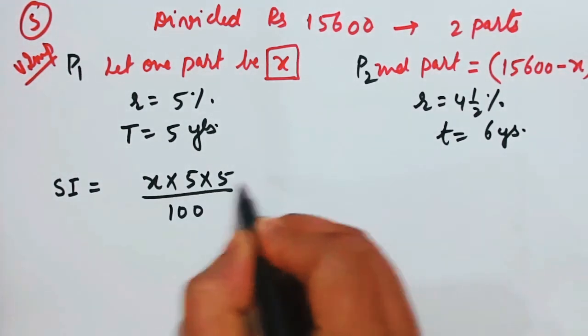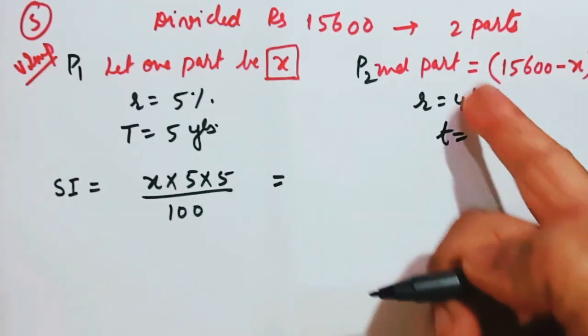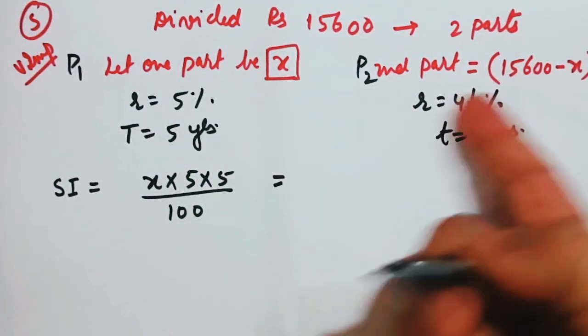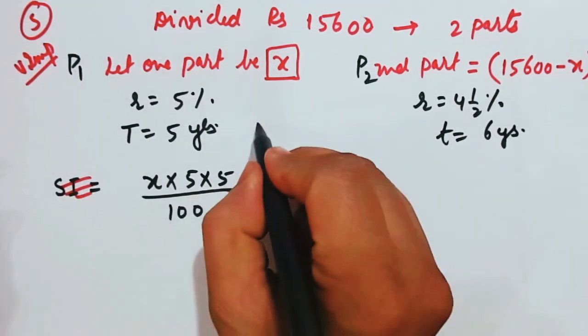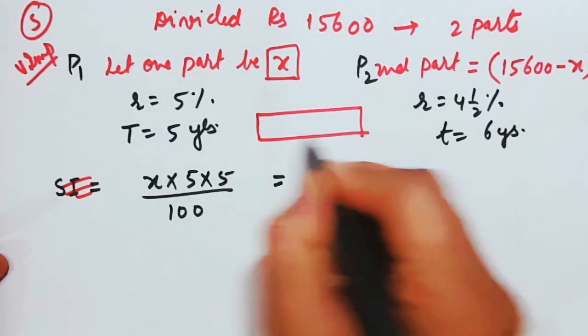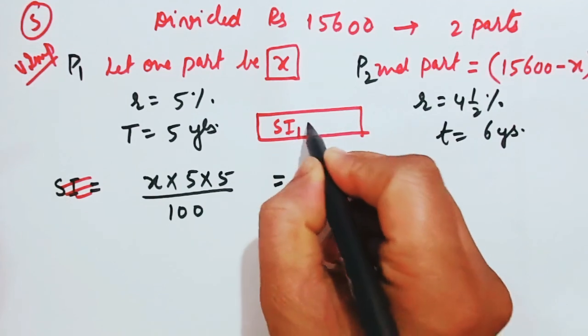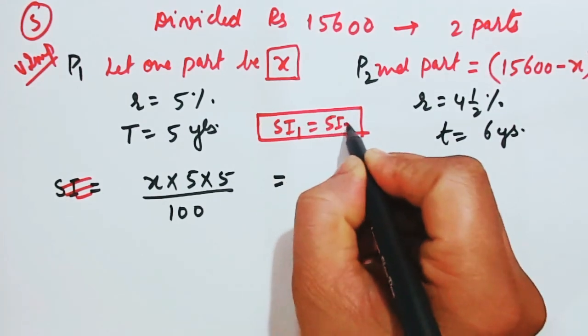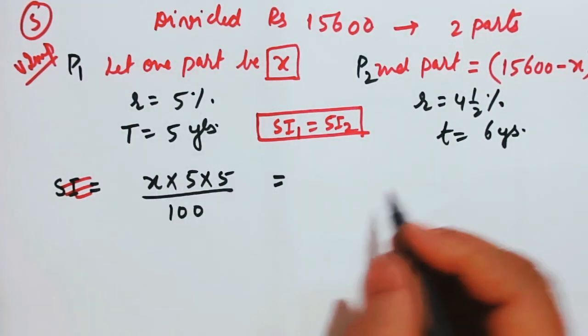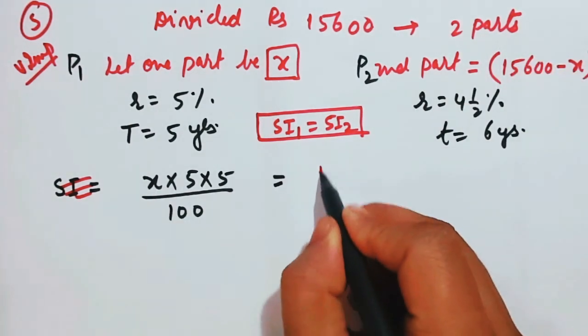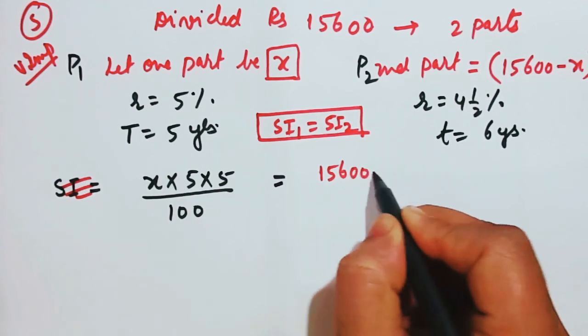Very good. कहता है this interest is equal to this one interest, ये वाला. Both interest is equal. So why not to write over here, यहाँ पे ऐसे SI1 is equal to SI2. So SI1 is equal to PRT by 100, और ये वाला भी आ जाइए 15600 minus x.